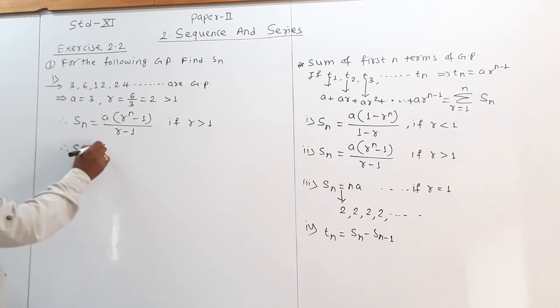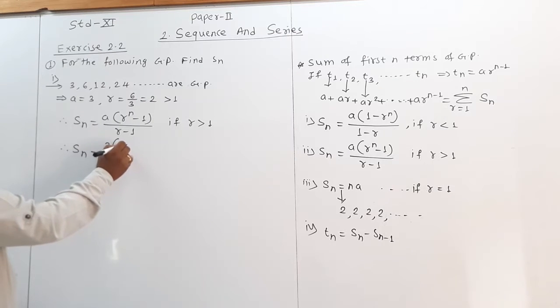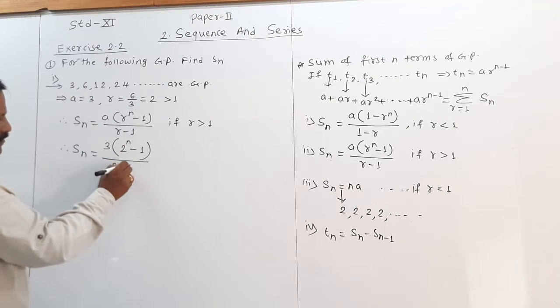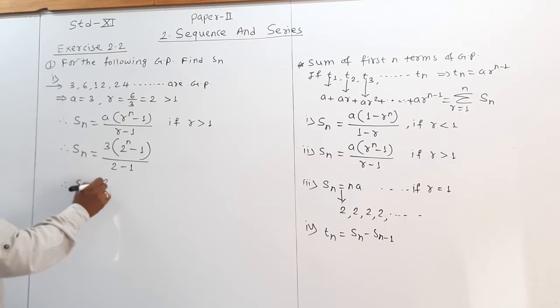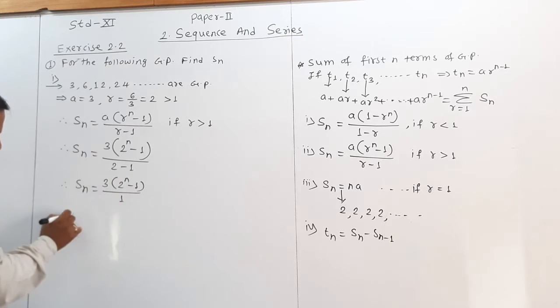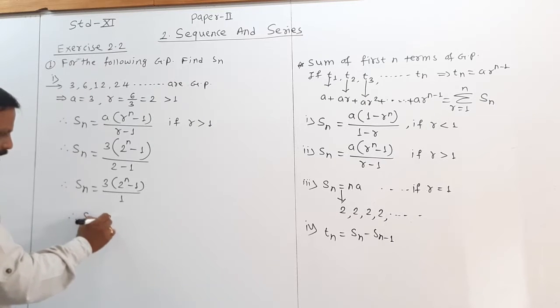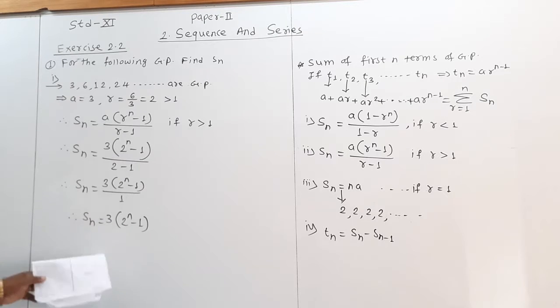So Sn equal to the first term 3, r is 2 raised to n minus 1 upon 2 minus 1. Sn is equal to 3 multiplied by 2 raised to n minus 1 divided by 1. The final answer is Sn equal to 3 multiplied by 2 raised to n minus 1. That is the sum of the first n terms of the geometric progression.